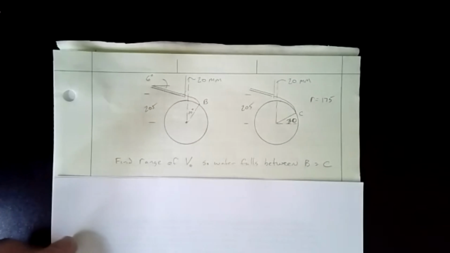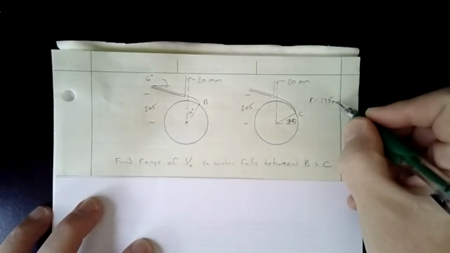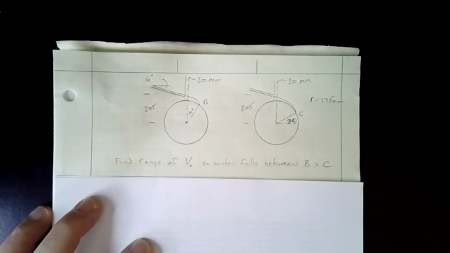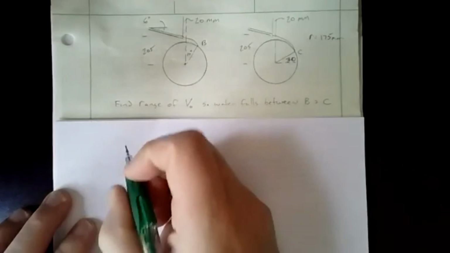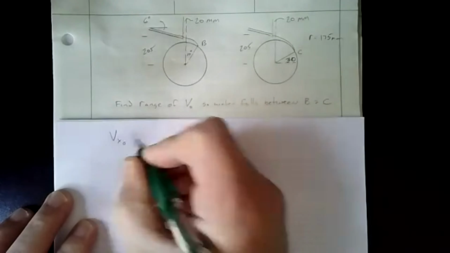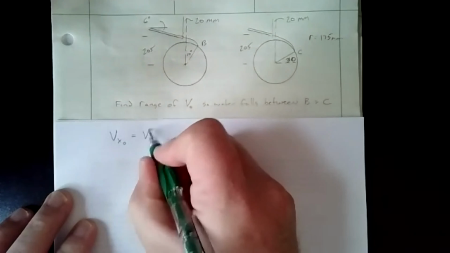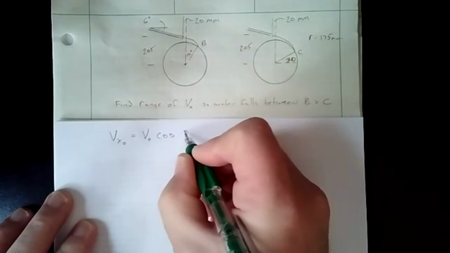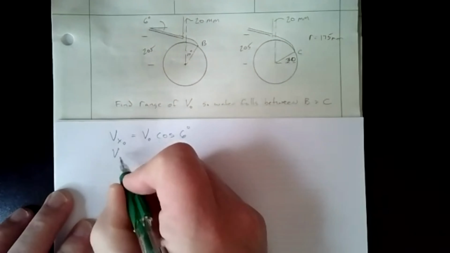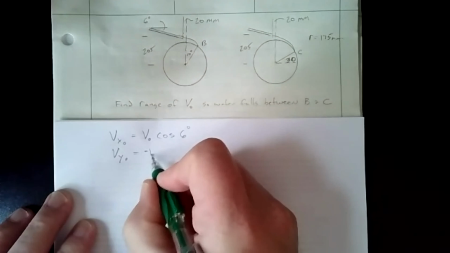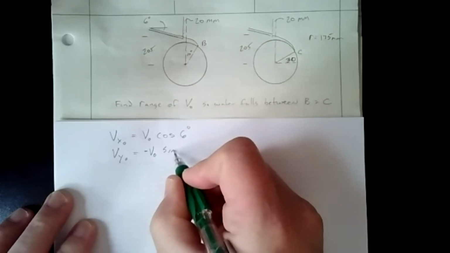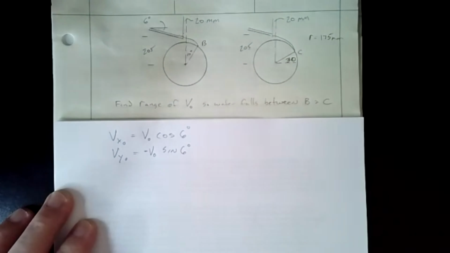First off, if we look at the water itself, V in the X direction is going to be equal to V naught cosine 6 degrees, and V in the Y direction is going to be a negative V naught sine 6 degrees, since it's going down. Okay.